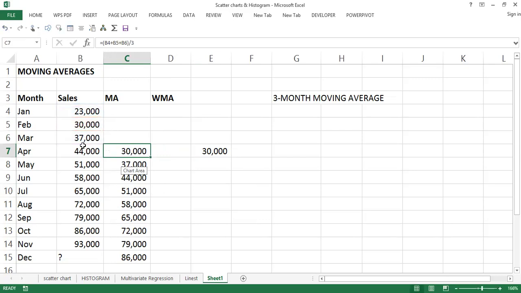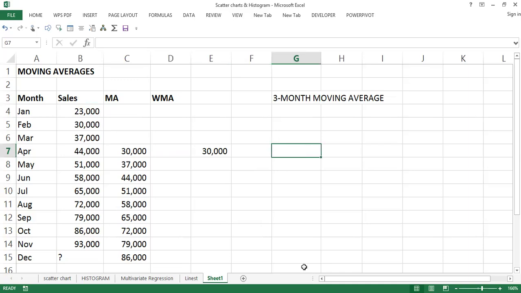For instance, I can decide that the more recent months should be given higher weights, should be considered more important in the forecast. Because March is closer to April, we may think that the March value should be given higher importance in the computation than the more distant months. In that case, we'll be talking of weighted moving average.